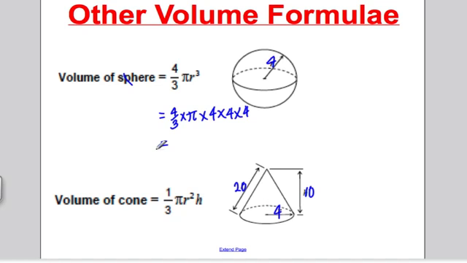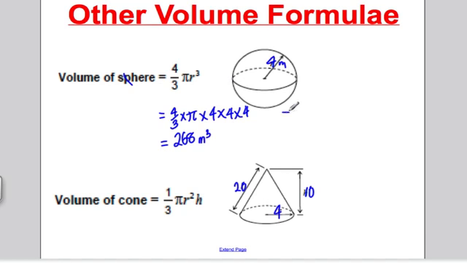Now, if you left your answer as a decimal, you would get something like 268. Imagine this was meters, rounded to the nearest whole number, 268 meters cubed.